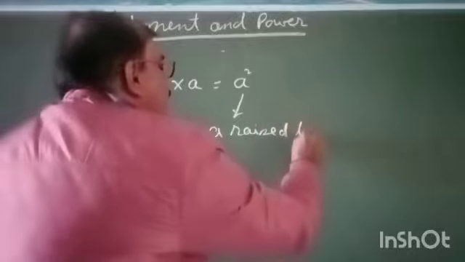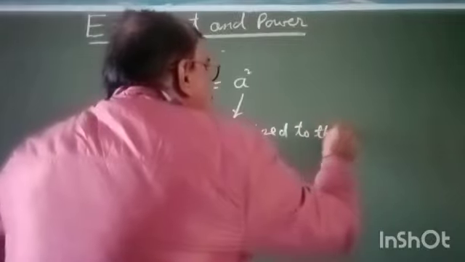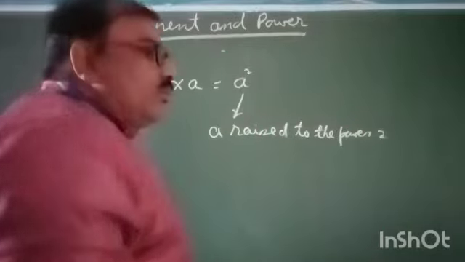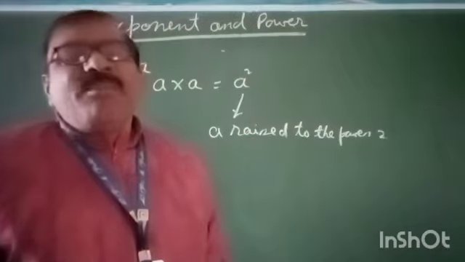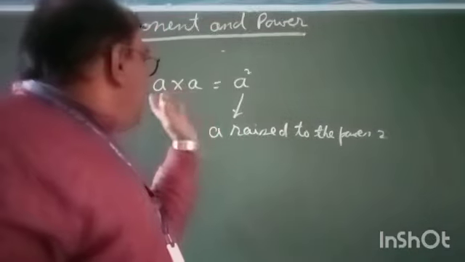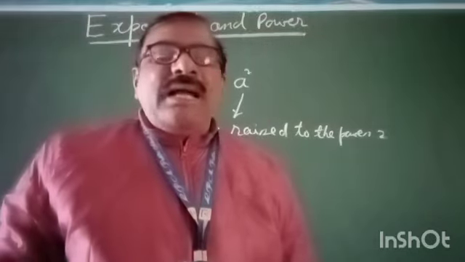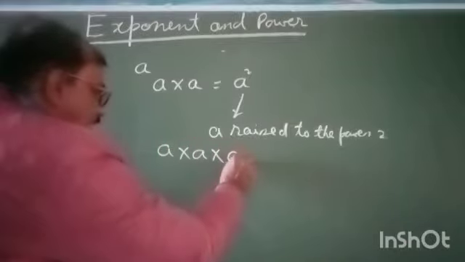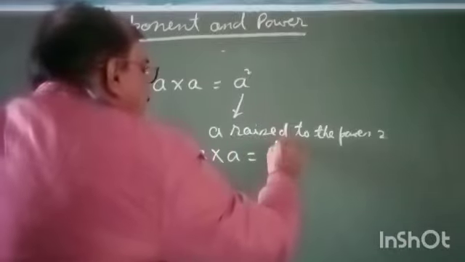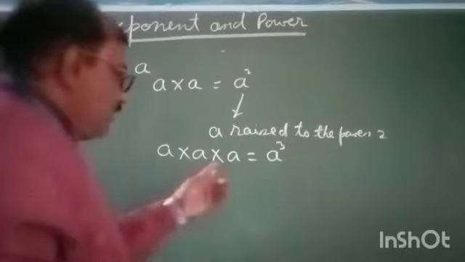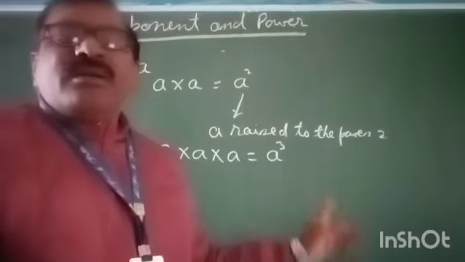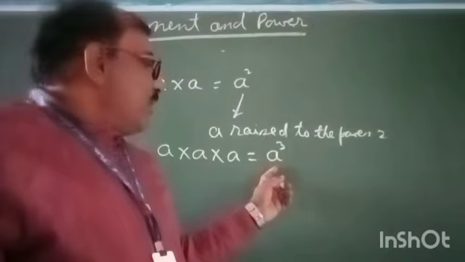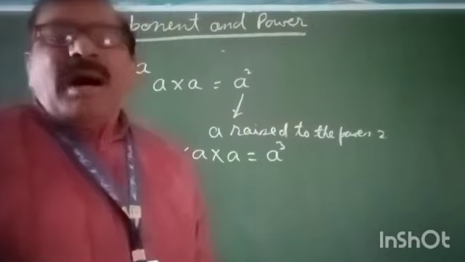In the same way, if I multiply a three times, a multiply a multiply a, then I will write a to the power 3 and read it as a raised to the power 3. Here a is called base and 3 is called power.